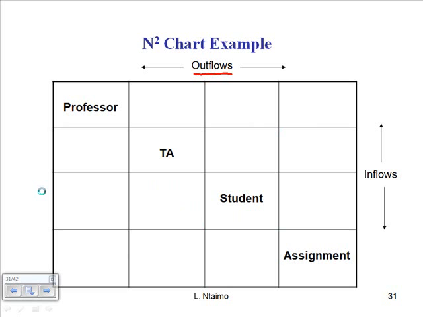So let's start with the professor, and let's look at professor and assignment. So I need to look at this. What does the professor do that's related to assignment? The professor can prepare the assignment. They can write the assignment.